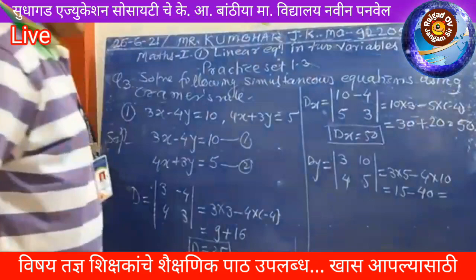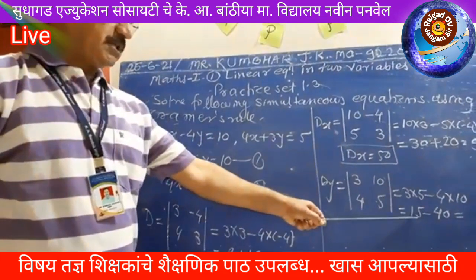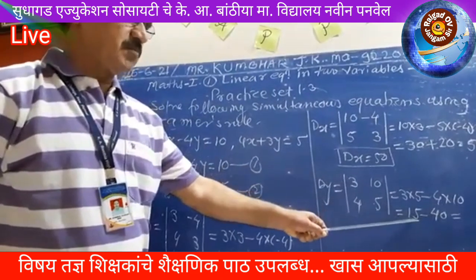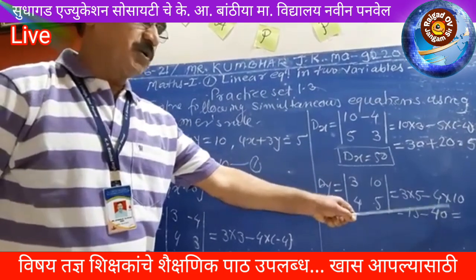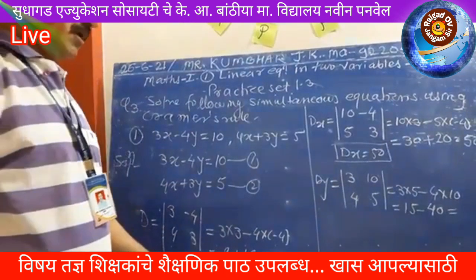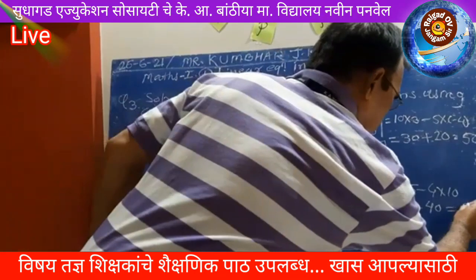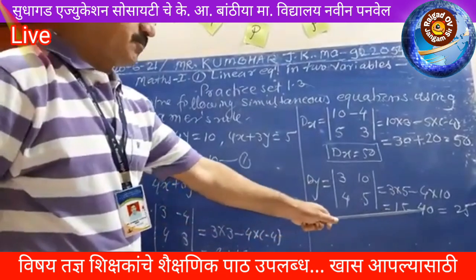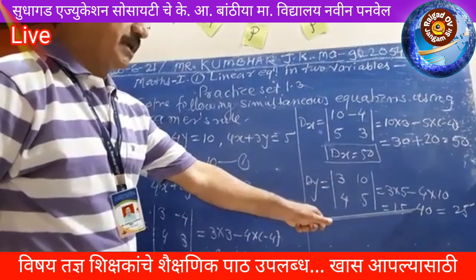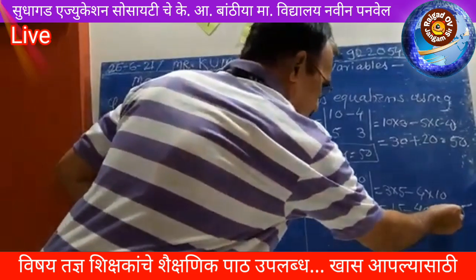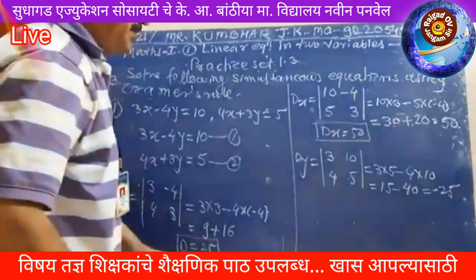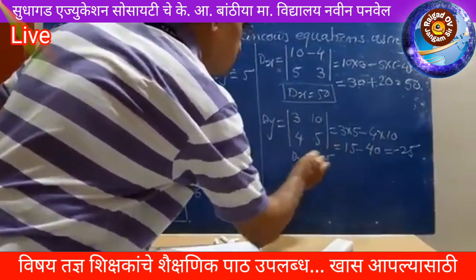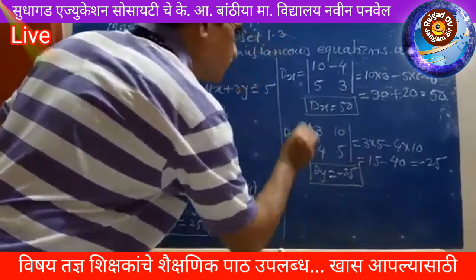Now this is plus 15 and this is minus 40. Subtract the smaller number from the bigger number, means 40 minus 15, 25. And which sign? The sign of the bigger number. Here the bigger number is 40 and its sign is minus. That means our subtraction is minus 25, so Dy is minus 25.